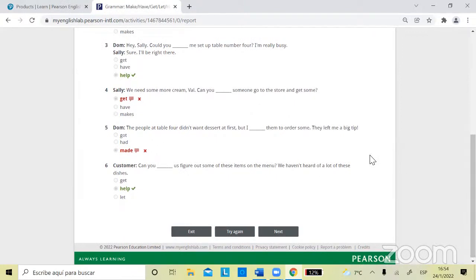And in number 5, you put it like an obligation with made, but it is not forcing. The people at table 4 didn't want dessert at first, but I got them to order something, or I got them to order some and they left me a big tip.